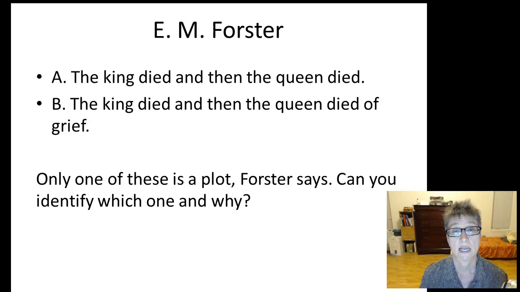The king died and then the queen died of grief has an element to it that the story, just the sequence of events, doesn't have, namely a causal connection. The queen died because of her grief over the first event.